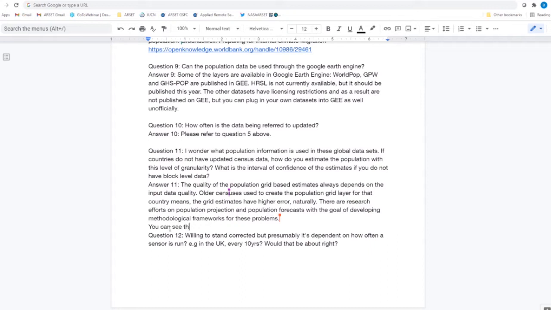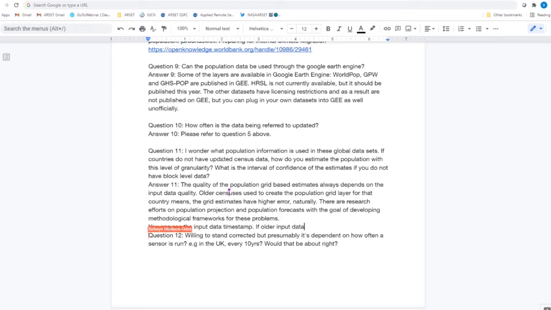So basically the time the census data has been collected, and that's really important to understand the currency of the data. Of course, if the census data are older, going in as input data, you have to be aware of this before you use the population grids for your target application.